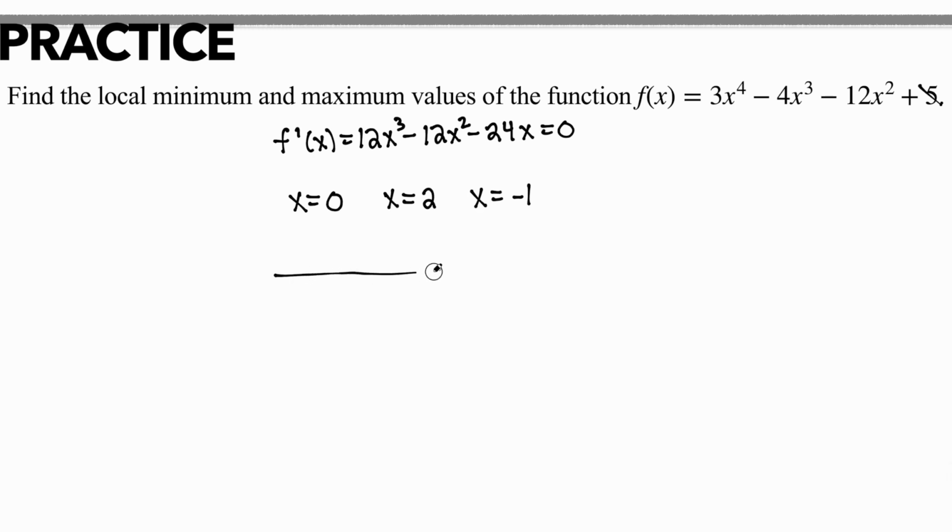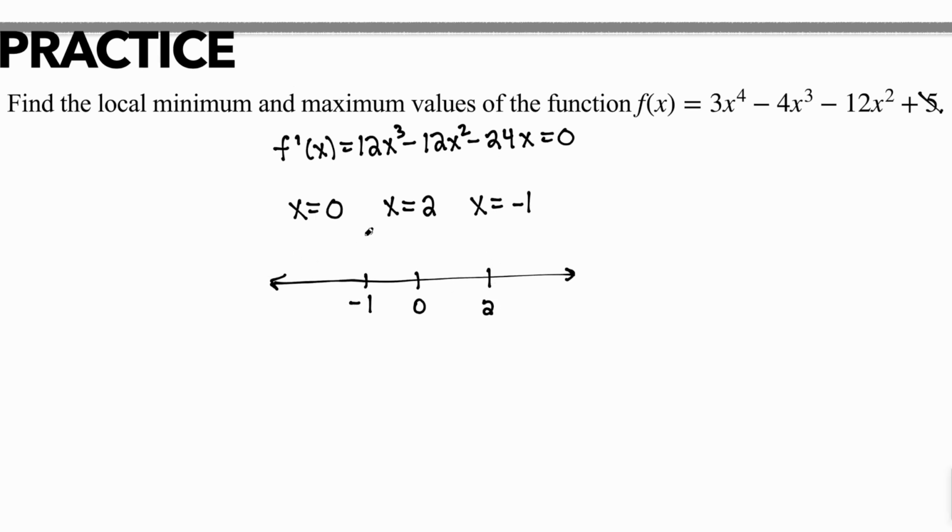And so the next thing we did was the line test. We had 0, we had 2, we had -1. So there was a negative and then a positive, and then a negative and then a positive. And now we can determine at those points what happened. Was it a local max or min? From a negative to a positive, that is a minimum.